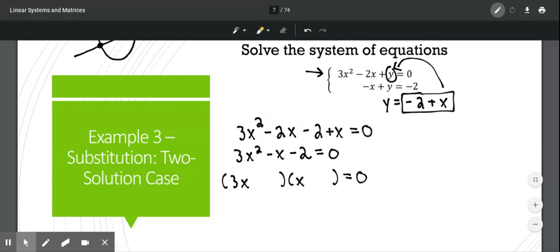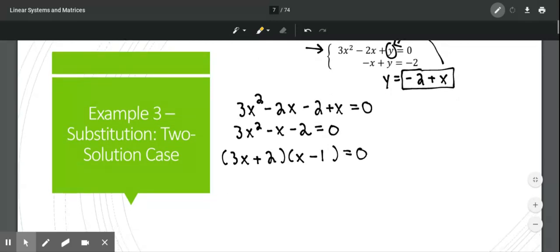So we'll factor into 3x plus 2 times x minus 1. And if we set each factor equal to 0, we get x equals negative 2/3 and x equals 1.